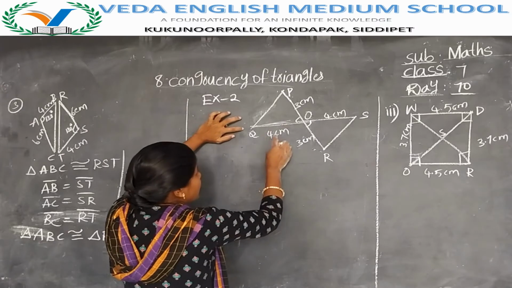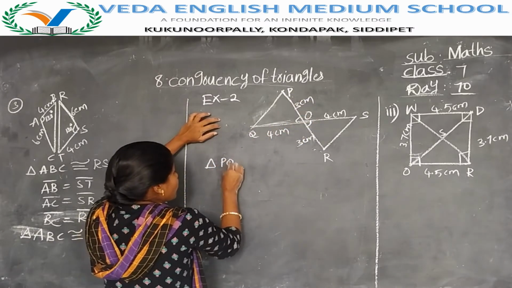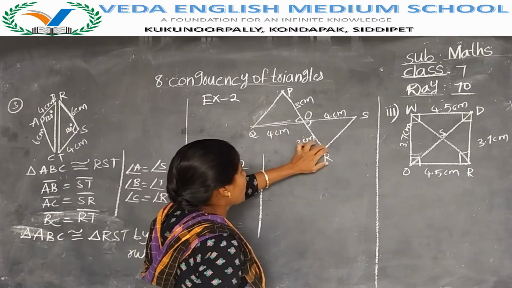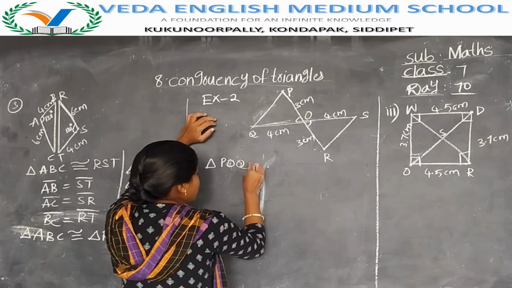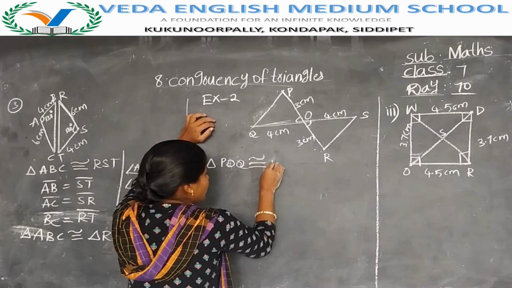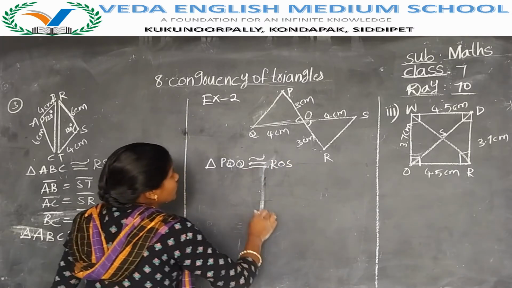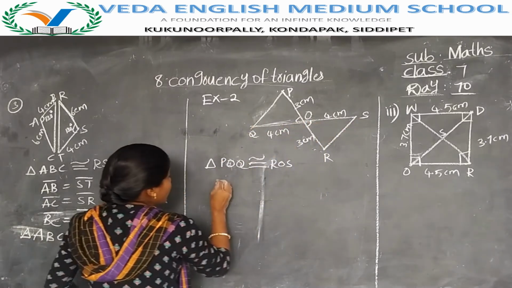Based on the sides, take triangle POQ and triangle ROS. Triangle POQ is identical to triangle ROS. We have to write all sides and all angles. So OQ is 4 centimeters. OQ is equal to OS.